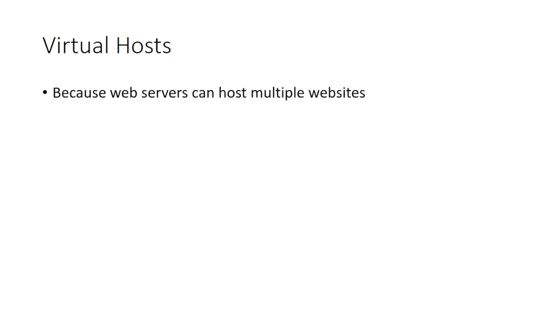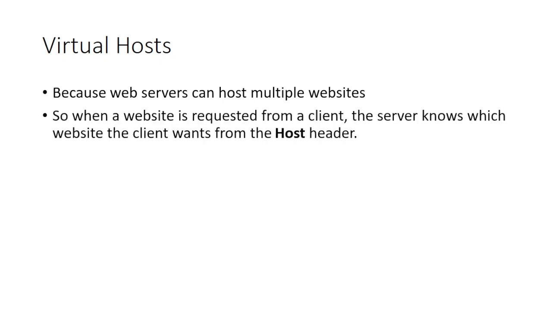Because web servers can host multiple websites, when a website is requested from a client, the server knows which website the client wants from the host header. Remember when we talked about HTTP headers? If you don't remember, you can go watch the video about HTTP.